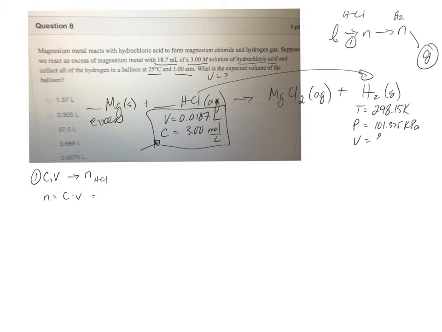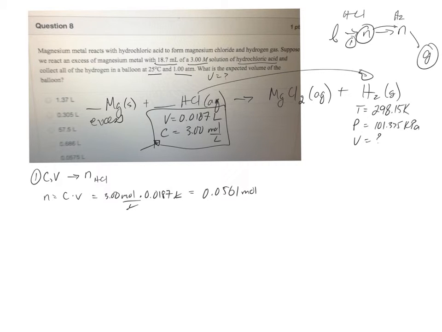And so the concentration is 3.00 moles per liter times the volume 0.0187 liters. Liters cancel, so I'm going to do that on my calculator. So I get 3 times 0.0187. And I'll keep this number in my calculator, 0.0561 moles. Okay, that gets me right to there.